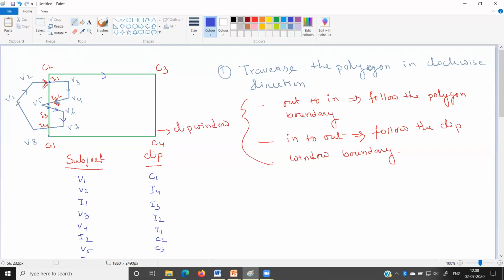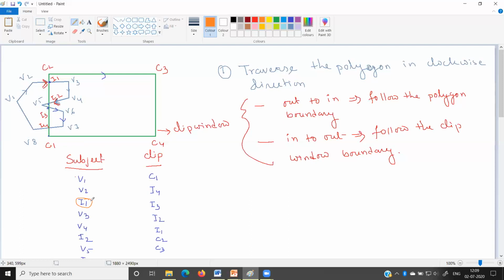As I am traversing the polygon from vertex V1, during the execution of the algorithm I will start from the first intersection point I1. So this I1 will be our starting point.